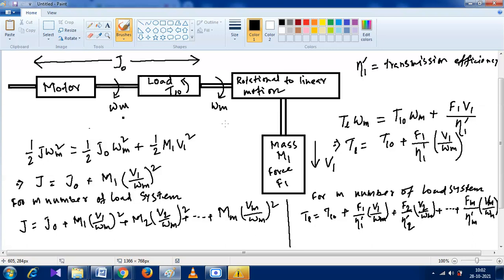TL is equal to TL0 plus A1 TL1 by eta 1. And in the second case, TL is equal to TL0 plus F1 by eta 1 into V1 by omega m.